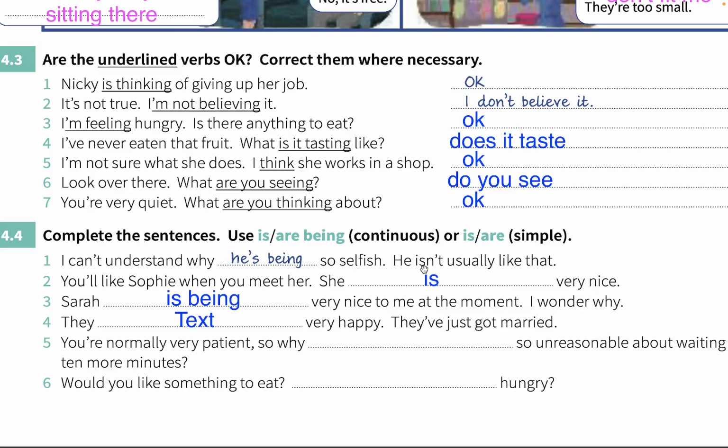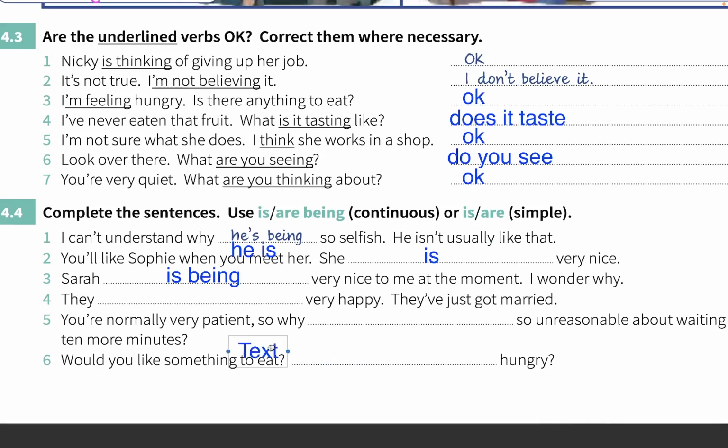Because usually he is very nice, but at the moment, he isn't being very nice. So we are using he is being. In another way, you can also write he is. So it doesn't matter. He is being very nice. Does that answer your question? Yeah, thank you.